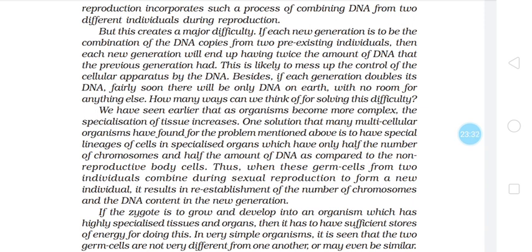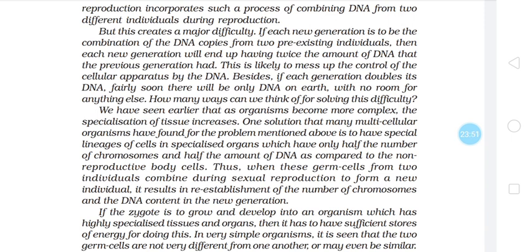Besides, if each generation doubles its DNA, fairly soon there will be only DNA on Earth, with no room for anything else. How many ways can we think of for solving this difficulty?